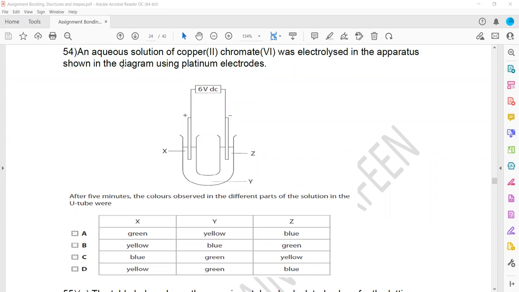In question 54, aqueous copper chromate is the electrolyte. Copper chromate, CuCrO4, has a chromate 6 sign there. Regarding the appearance of the copper ion, just as we did before, copper is blue in color.